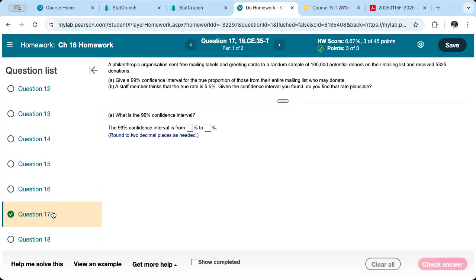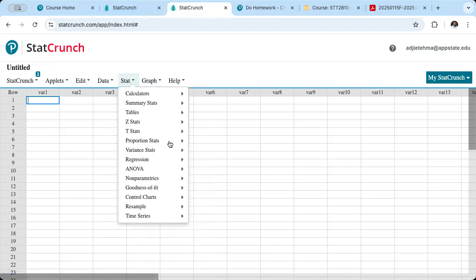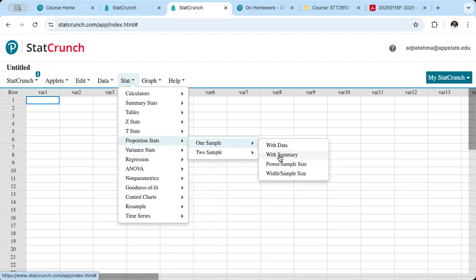And what is the level of confidence I'm trying to compute? We are asked to give a 99% confidence interval for the true population proportion for the entire mailing list. So we could use StatCrunch to do that, isn't it? So let's get to StatCrunch, and then we go to stats, proportion stats, one sample with summary.